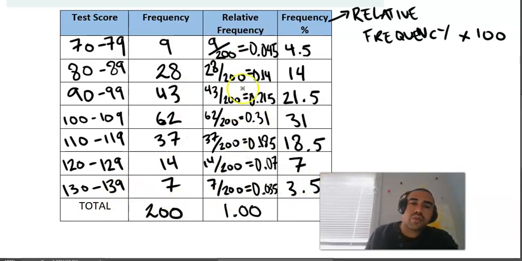When you get the total for the relative frequency amount, when you add these decimals up, you should essentially get 1. And when you move the decimal point to the right, you should get the total for the percentage as 100. Because all of this here counts for 100% of all these people, and it has to, because there's 200 people. When you add these all up, it is 200. So this relative frequency, the decimal point, should always equal 1.